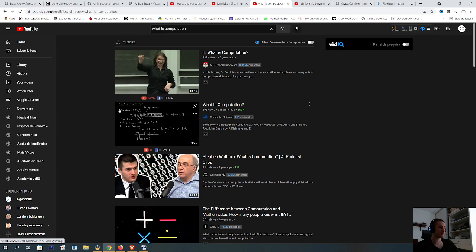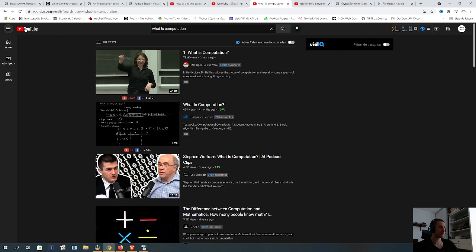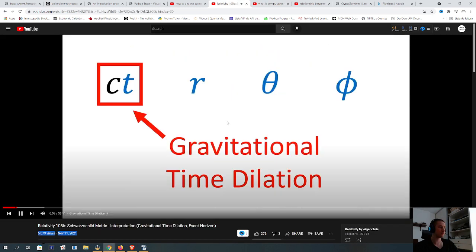Let's start by talking about the time coordinate ct, and how it relates to the gravitational time dilation for observers at different distances from the spherical mass.